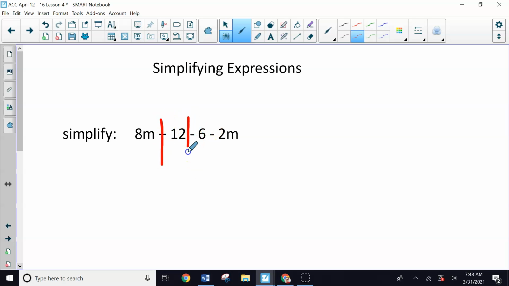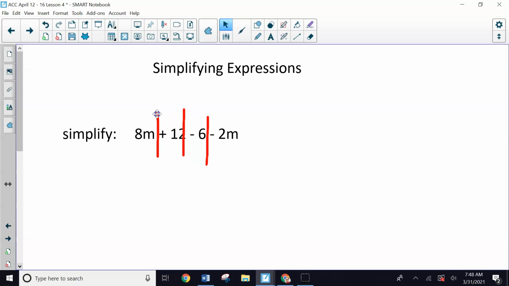Not necessarily the subtraction, but remember that the subtraction symbol is part of the 6. It's really a -6, so I don't want to just get rid of that subtraction symbol. Same thing with the addition symbol. It's really part of that 12, telling us that it is a positive 12.